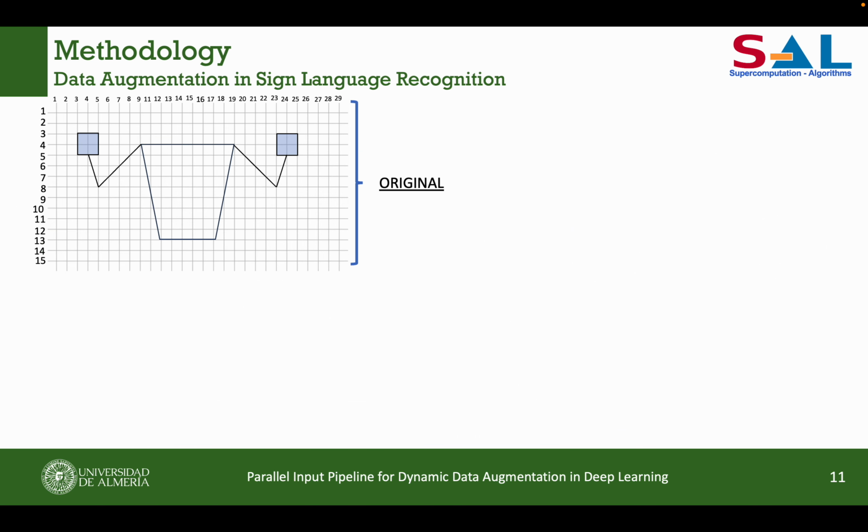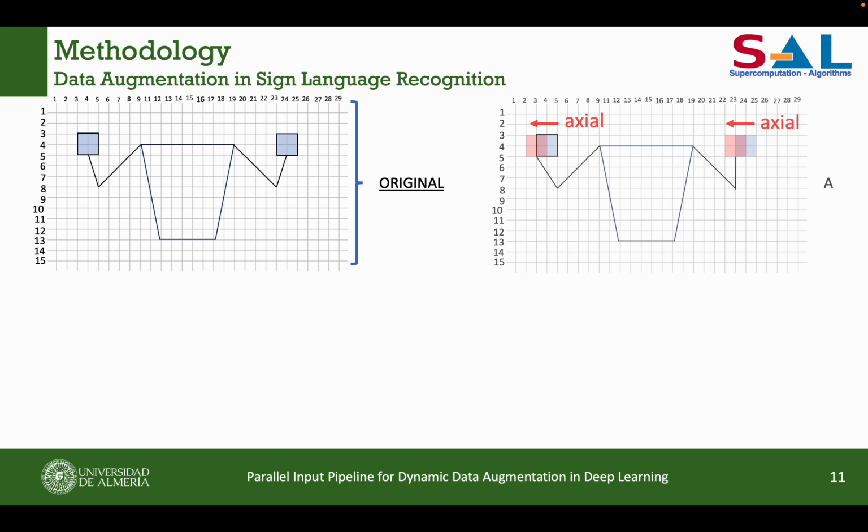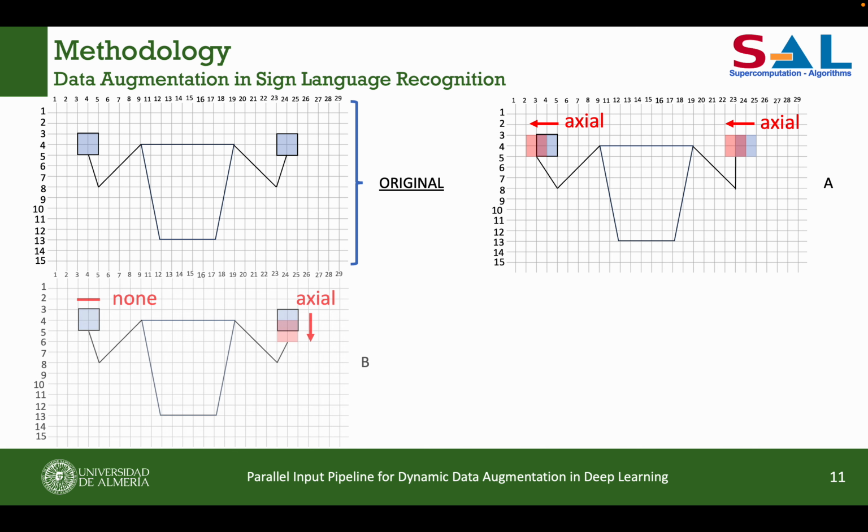So the methodology, we have here an original human pose. If we want to create dynamic data augmentation, we can move the hands in the axial axis horizontally, and we can have another data augmented image.